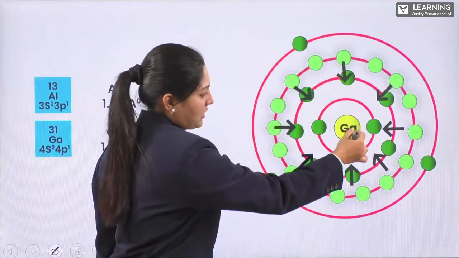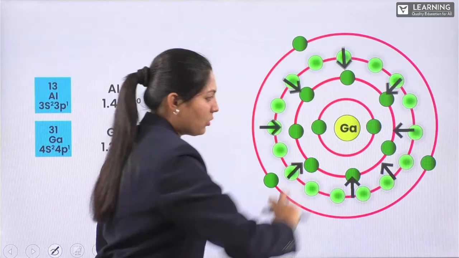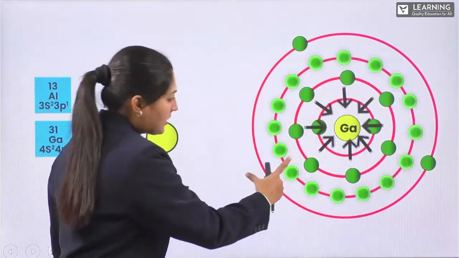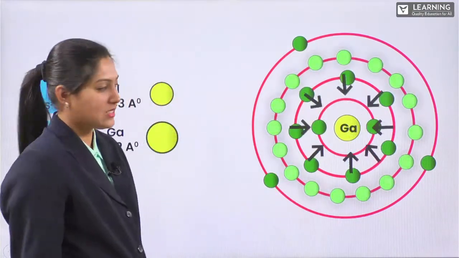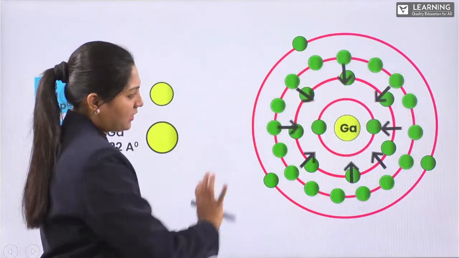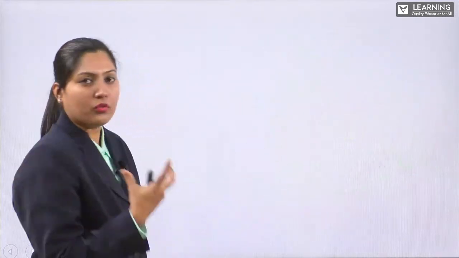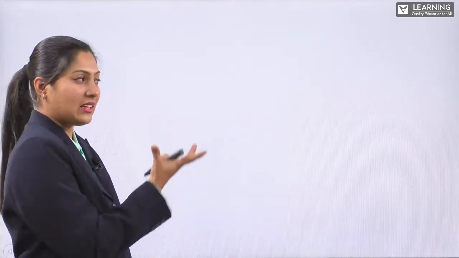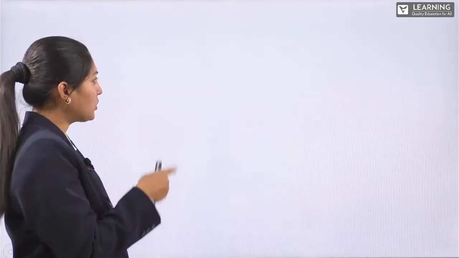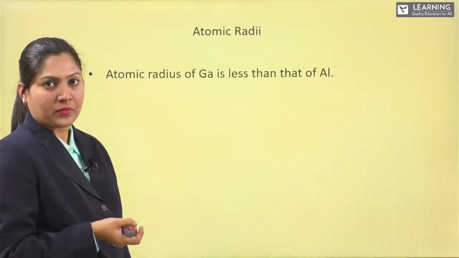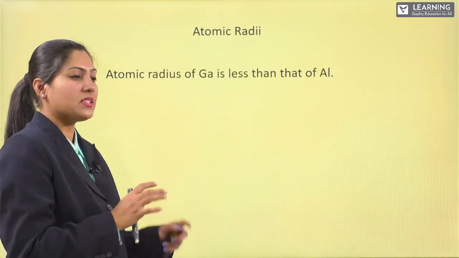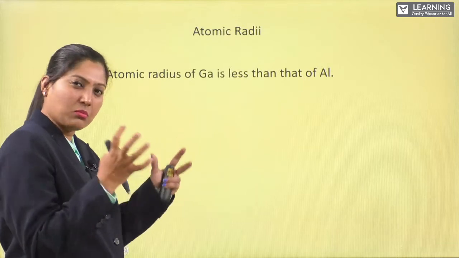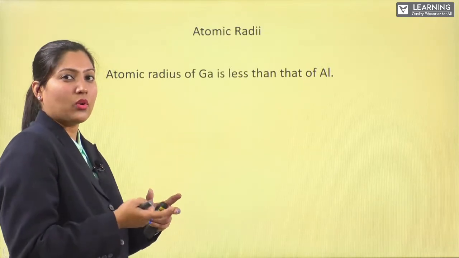The effective nuclear charge increases, so the size gets decreased. Why do we get this effect? Because the number of protons also changes, and the protons will attract the outermost orbit more easily than in aluminium.